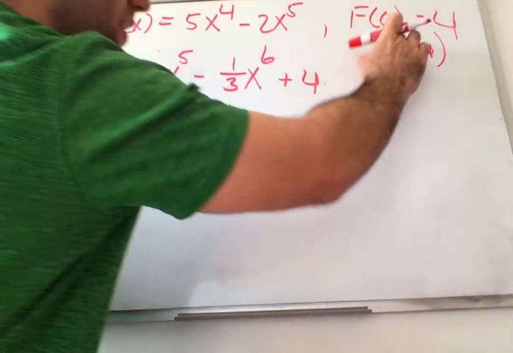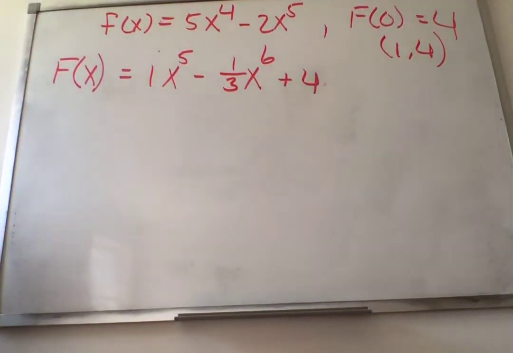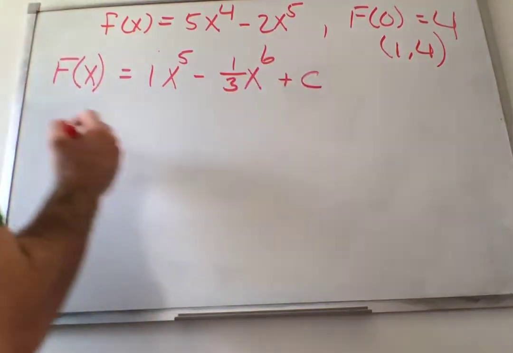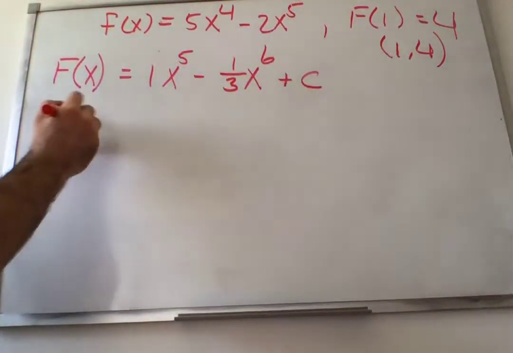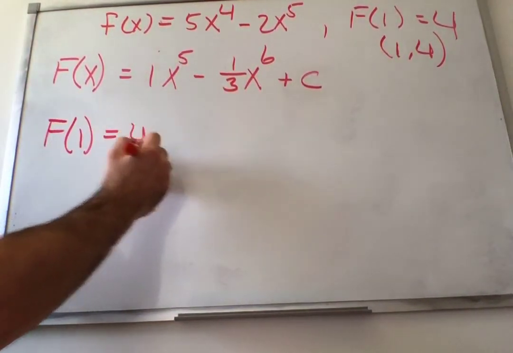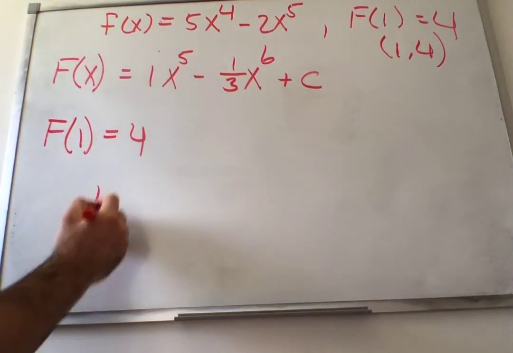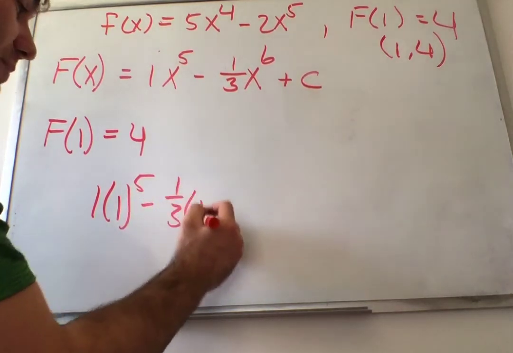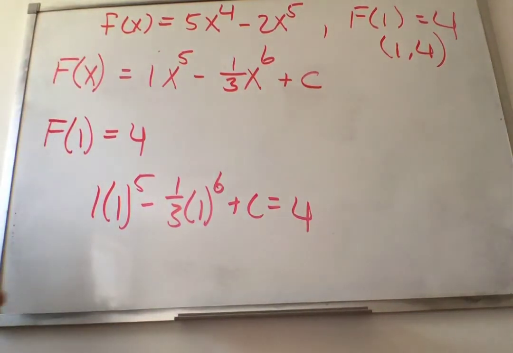Let's tweak it a little bit. Let's make it a 1. And let's see how our constant is going to change. So we're back to plus c. We know, let's see, we're changing it to 1 now. We know F of 1 is equal to 4. What this means is plug in 1, set it equal to 4. 1 times 1 to the 5th power minus 1/3 times 1 to the 6th power plus c is equal to 4.